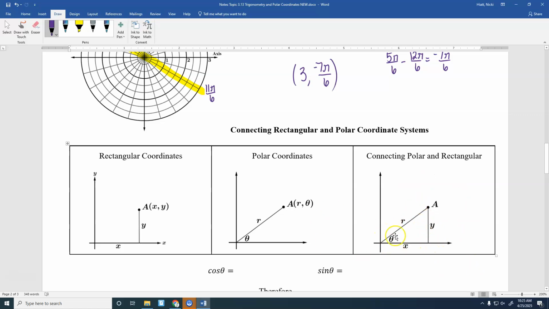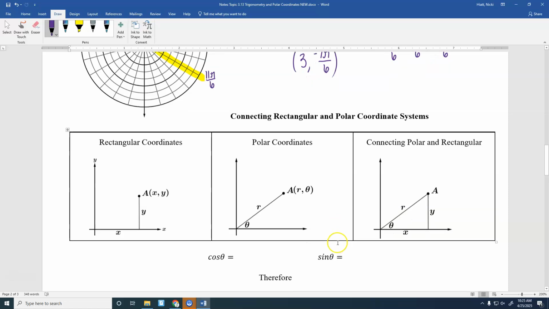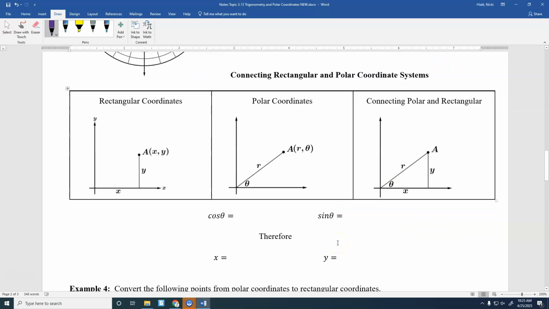In fact, we've worked with this a lot with the trig stuff that we're doing. So we already know, if I want to know cosine of this angle right here, cosine is adjacent over hypotenuse. So cosine would be x over the radius.